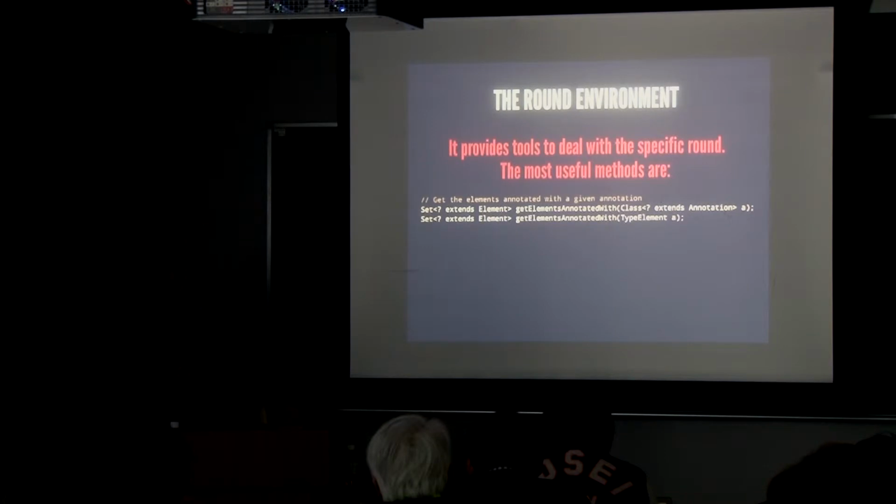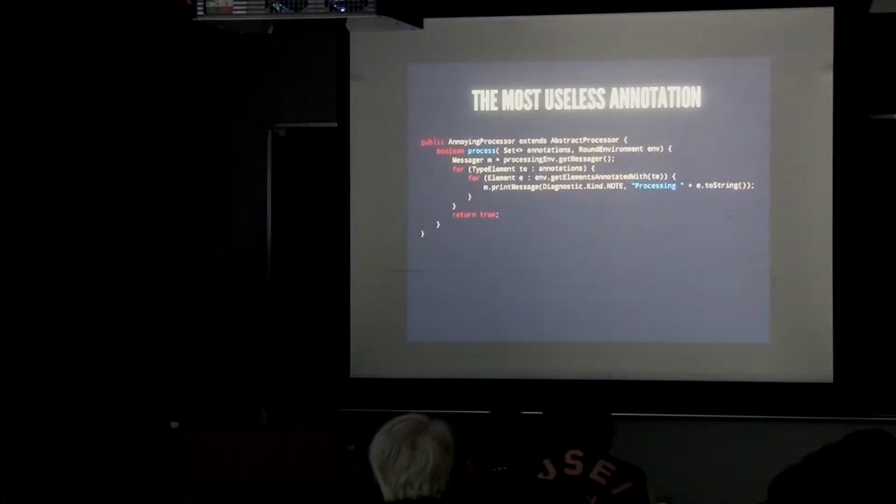So let's try to write our first annotation processor. And it is the most useless and annoying one. It does absolutely nothing. It just writes on the screen, "I'm processing this class." So we implement AnnoyingProcessor, which extends AbstractProcessor. Messager is used for being able to write on the screen during annotation processing.